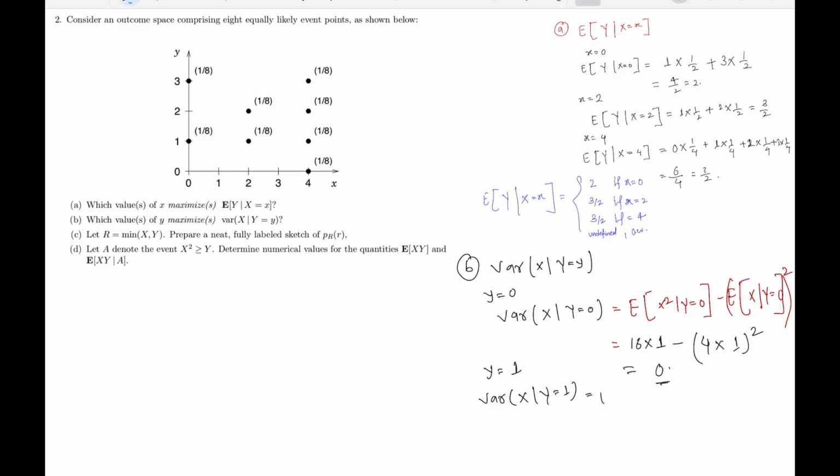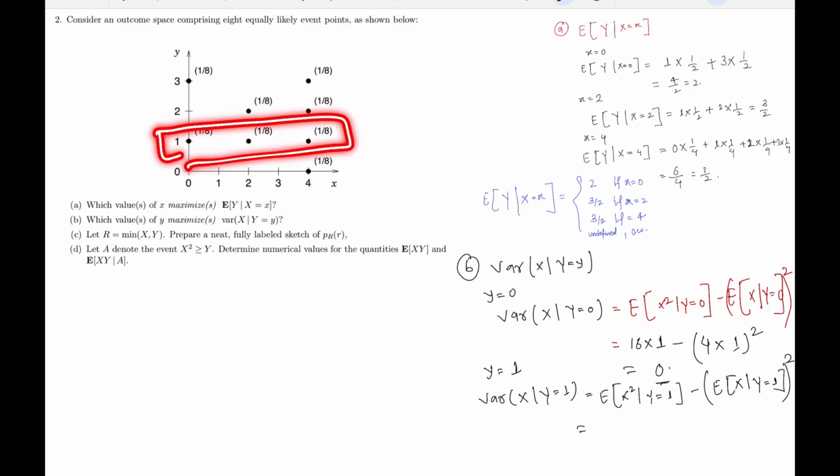So again that will be equal to the conditional expectation of x square given that y takes the value 1, minus the conditional expectation of x given y takes the value 1, squared. Now we are deciding with this universe, where x can take the values 0, 2 or 4, so x square can take the values 0, 4, 16.